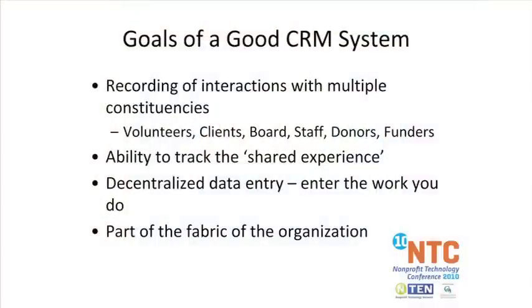We have a decentralized data entry system so that the people doing the work enter the information. And it becomes part and parcel of the fabric of the organization. So that when you're sitting in the weekly status meeting, somebody pulls up your database and shows the dashboard for what happened this week, rather than pulling up a spreadsheet and handing it around on a piece of paper.